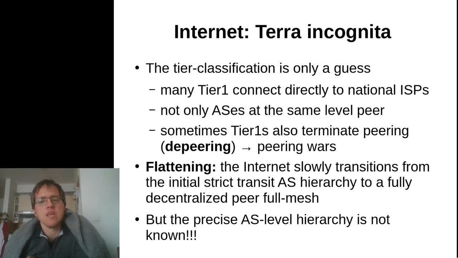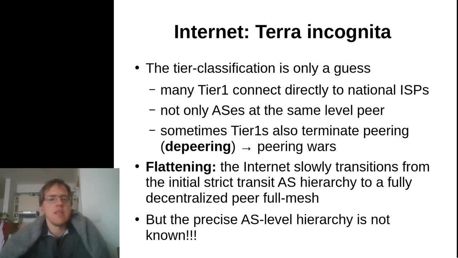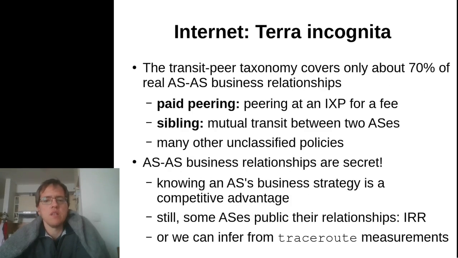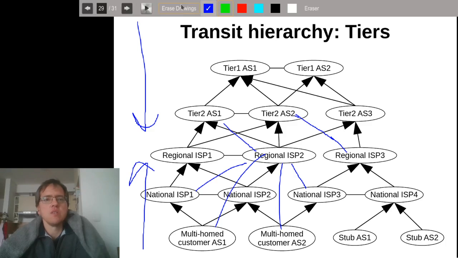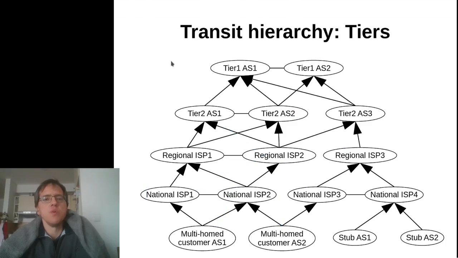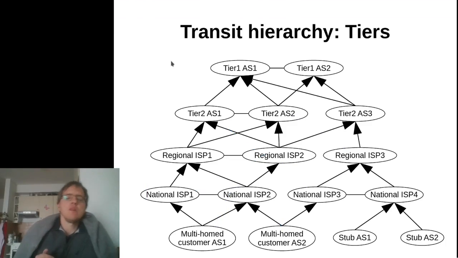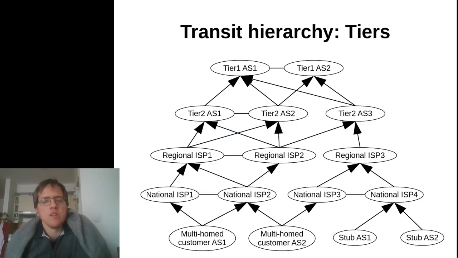It's not just the case that the AS-level hierarchy is not known. We don't even know the AS topology of the internet. So everything that we have said thus far, the service model, is just an approximate view of the large-scale structure of the internet. But within these limitations, this is already quite a capable model, a very simple, very interesting, and very descriptive model of what's going on in the internet.